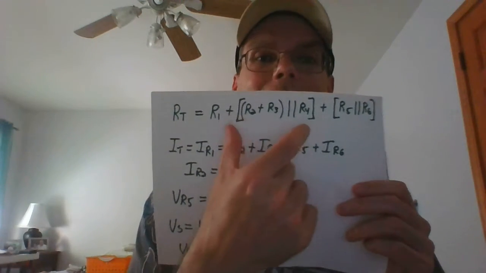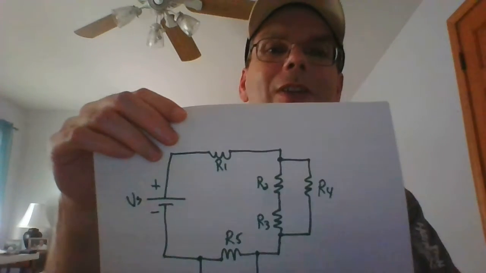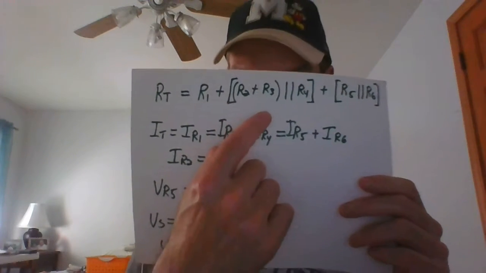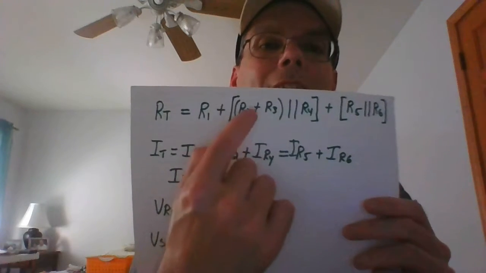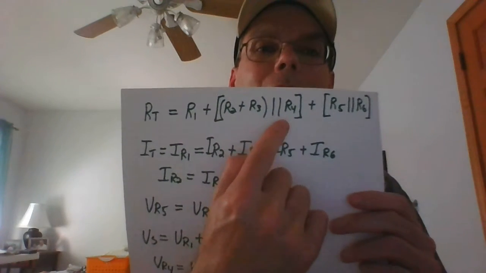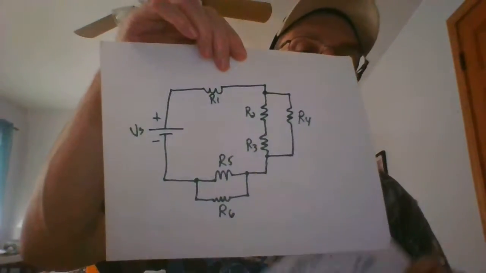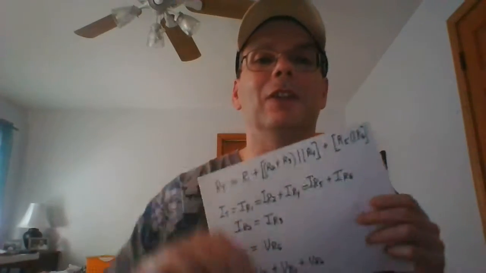So here's that second section, that's this series parallel section right here. We see that R2 and R3 are in series, and that combination is in parallel with R4. And then the last part here is that purely parallel combination. R5 and R6 are purely in parallel with each other.